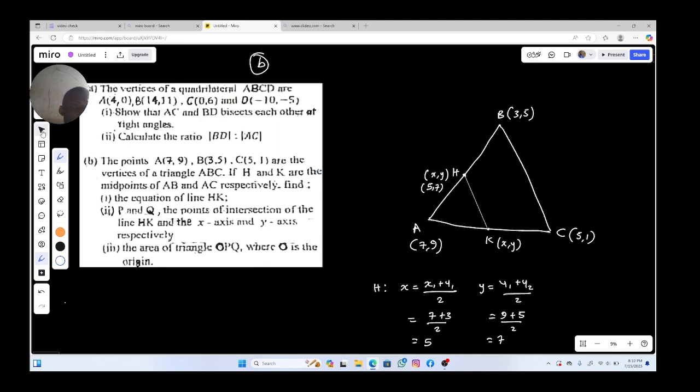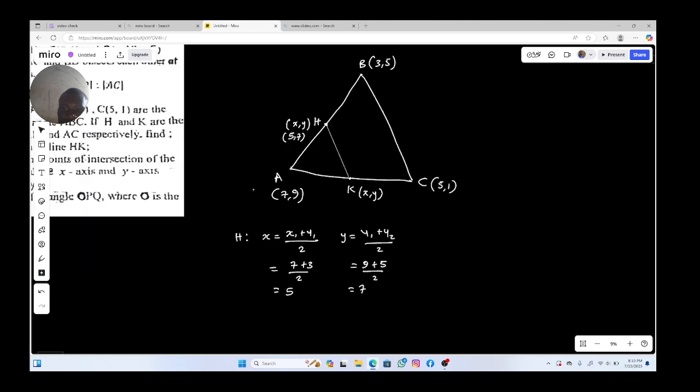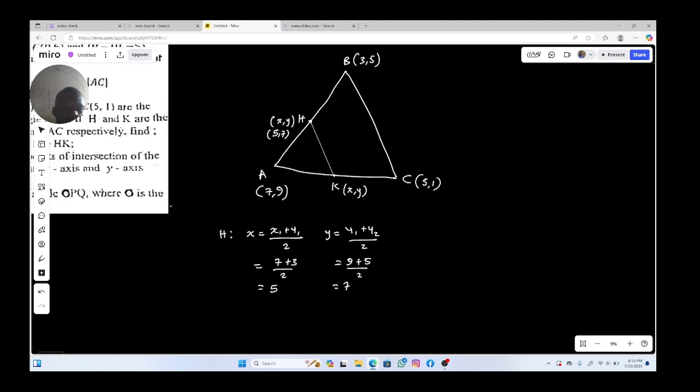Now for K, this is for H. Now for K, we'll still do the same thing. X is equal to x1 plus x2 divided by 2, and then y is going to be y1 plus y2 divided by 2 again.